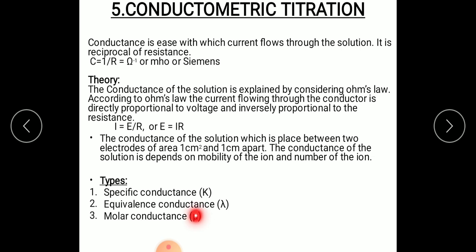Specific conductance K is nothing but the conductance of the solution which is placed between two electrodes of area 1 cm square and 1 cm apart. That is called specific conductance.